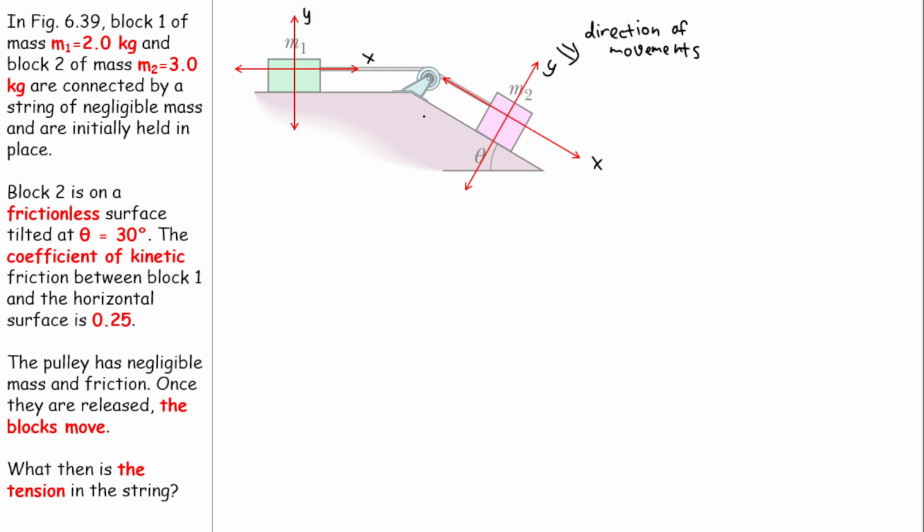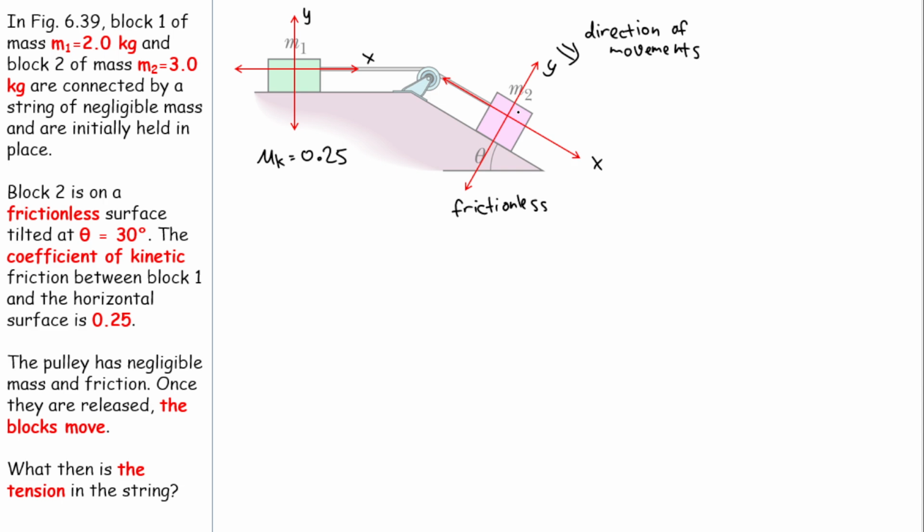And remember, block 2 here is on the frictionless part. So we'll have this one is frictionless. And then block 1 here has friction, and the mu k here will be 0.25.